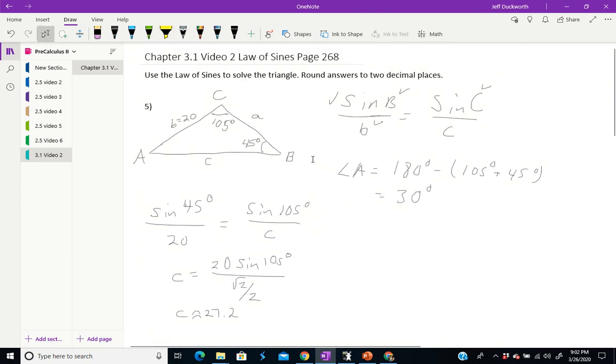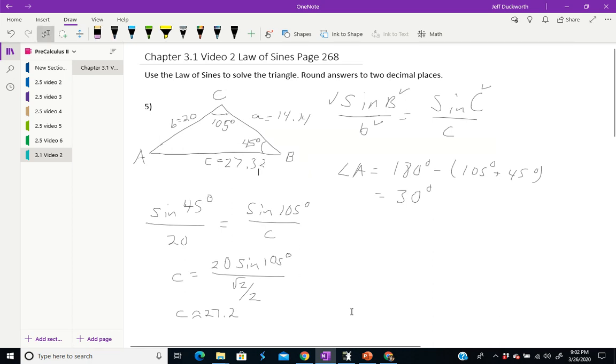So if I scroll back up, I can fill in these things. You don't have to fill them in on the actual triangle if you don't want to. I can see your work. That'll be fine. But A is 14.14, and C we found to be 27.32. I've got 27.2.